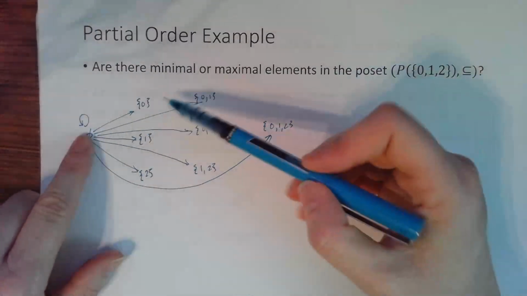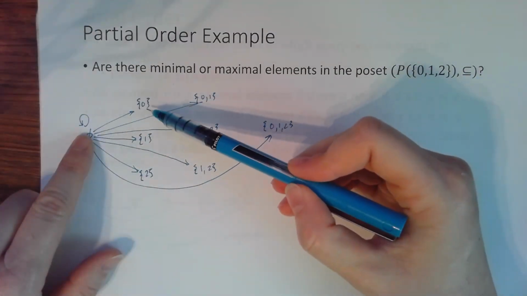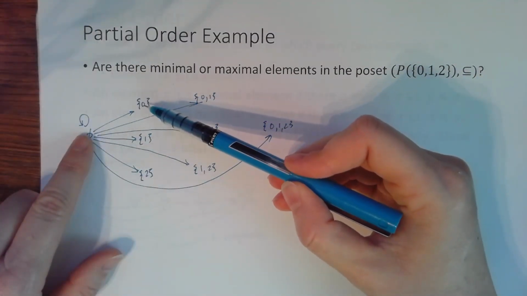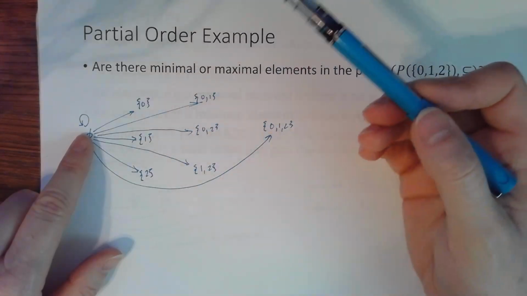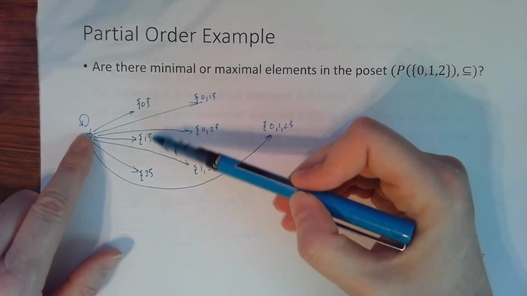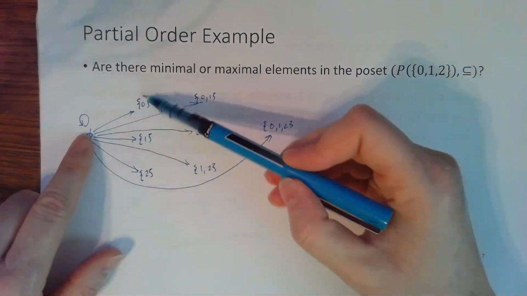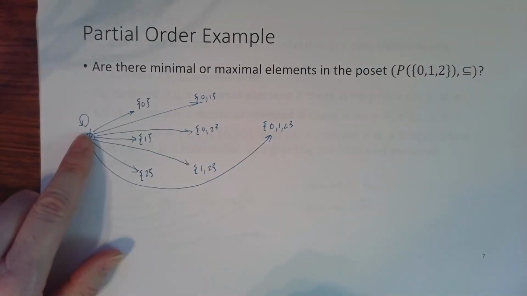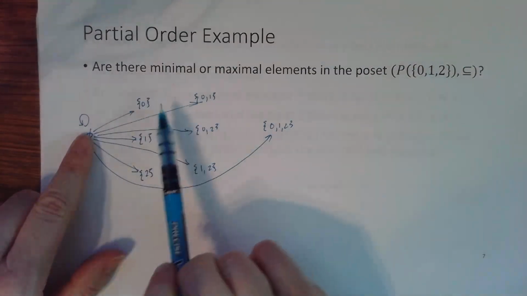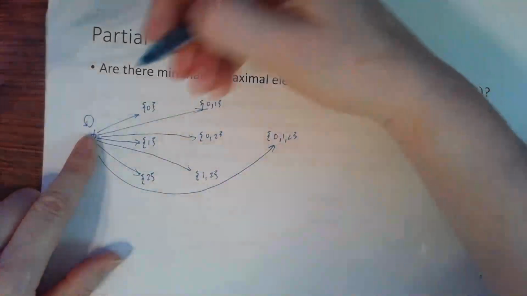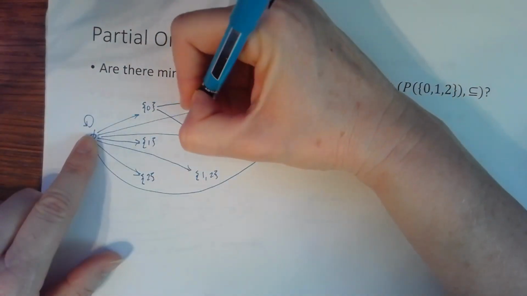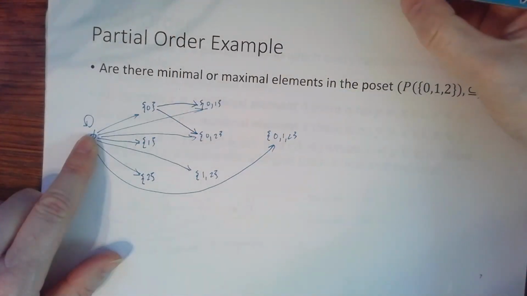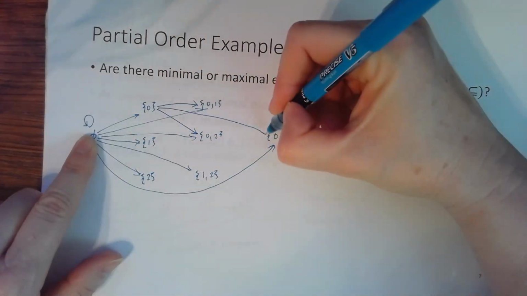But is there a relationship between the set containing 0 and the set containing 1? No, 0 is not a subset of 1, and 1 is not a subset of 0. These aren't related. But what is the set containing 0 a subset of? It's a subset of the set that contains 0 and 1, the set that contains 0 and 2, and the entire set.